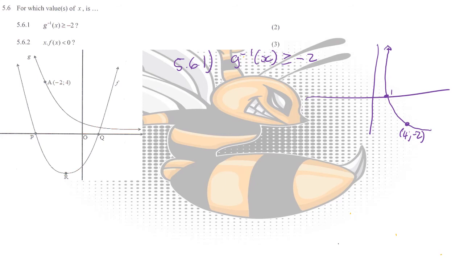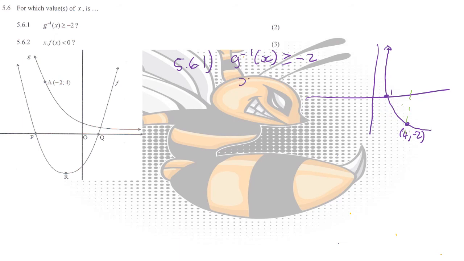Now, if we go to the area that I'm coloring in green now, my y values are just going to keep getting smaller and smaller and smaller. So my answers for my inverse will be smaller than minus 2. And if I go to this area with the light blue, my answers for y are just going to get larger and larger and larger. So that means for g of x to be larger or equal to minus 2, I need to work with all the x values on this side of the (4, -2) coordinate.